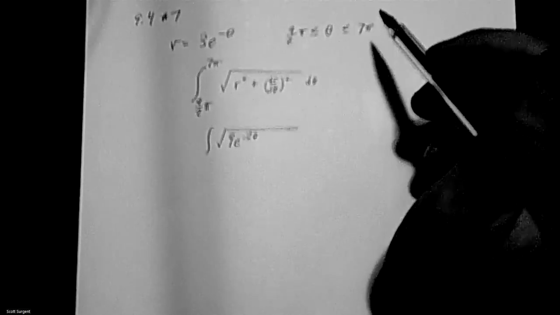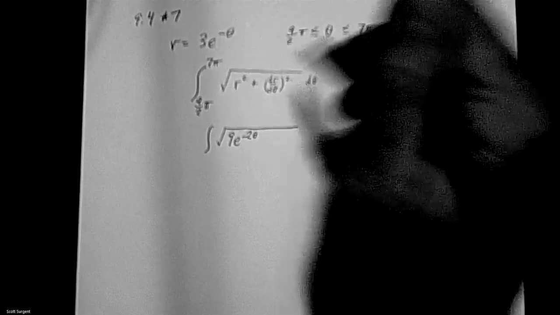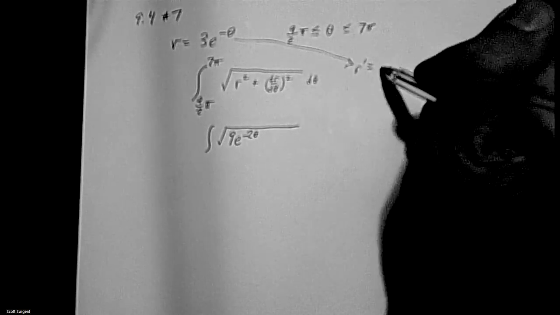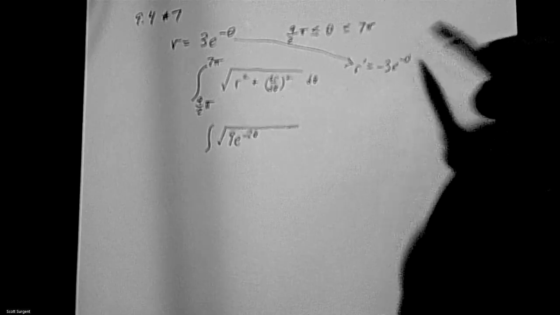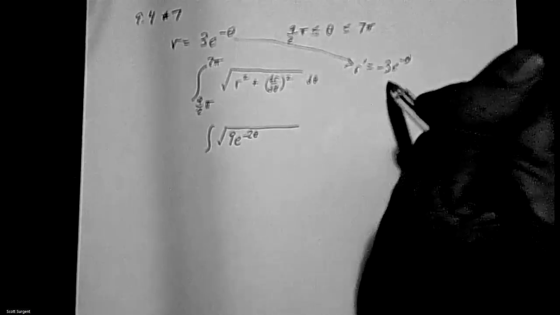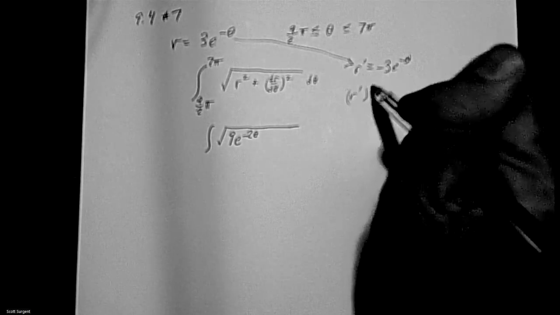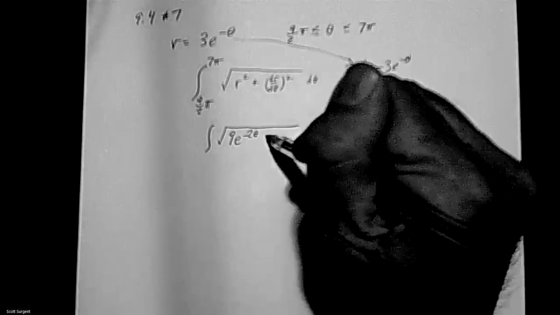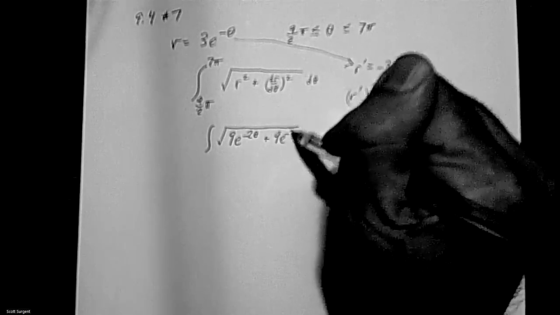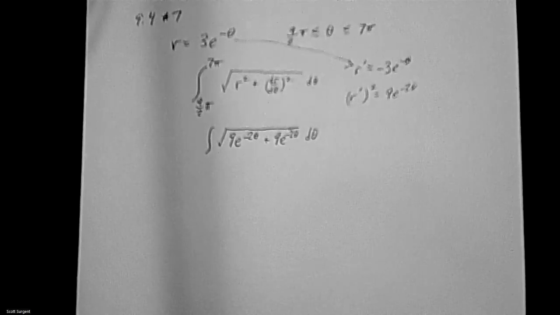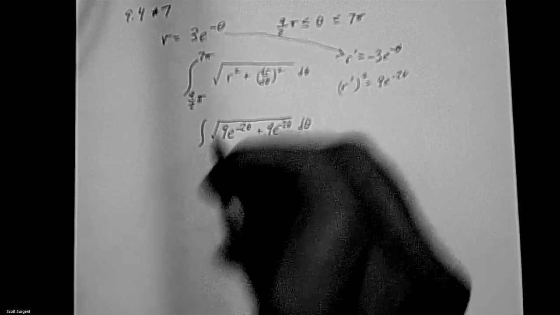Now the derivative is going to be negative, so r prime is negative 3e to the negative theta. When I square that, interestingly enough, I get 9e to the negative 2 theta. Okay, that's going to work out. Again, I was getting fearful this was going to be a nasty one.